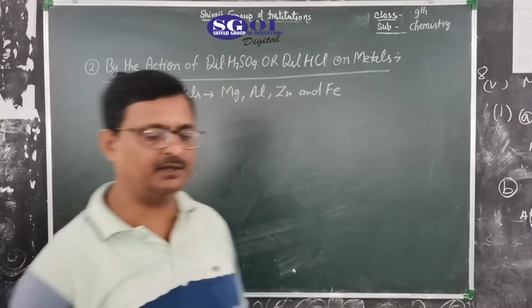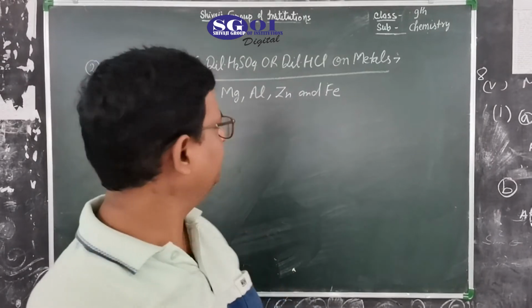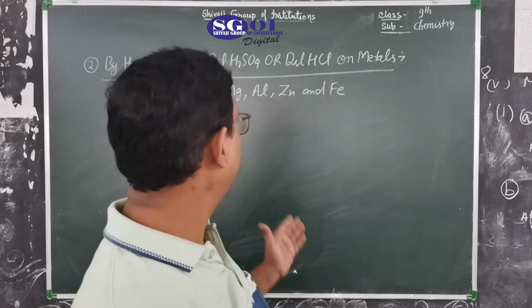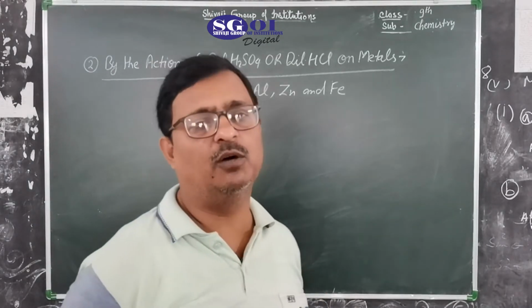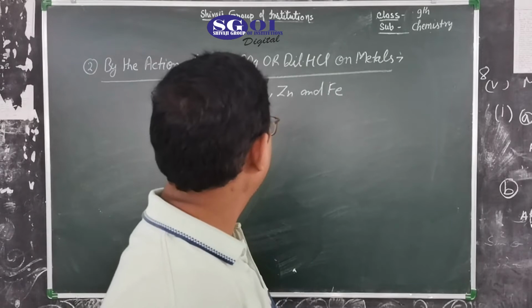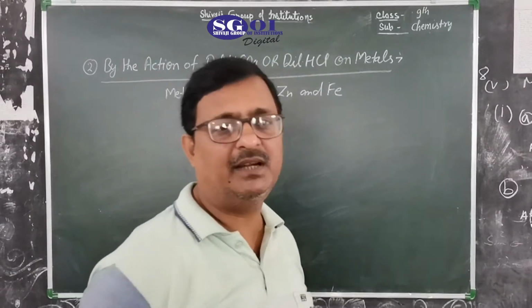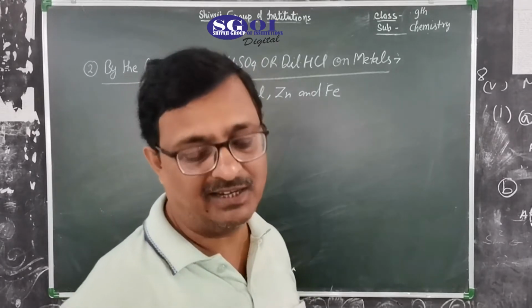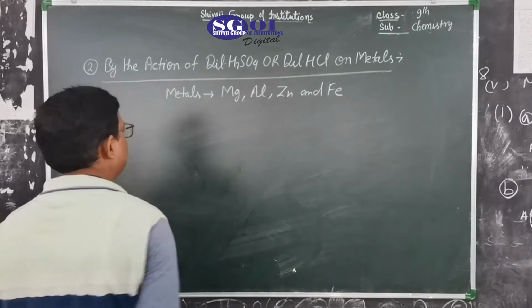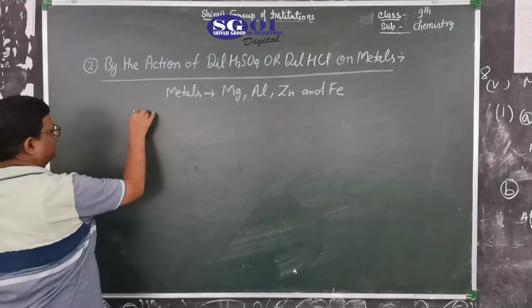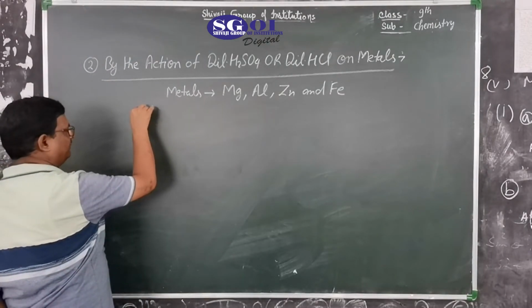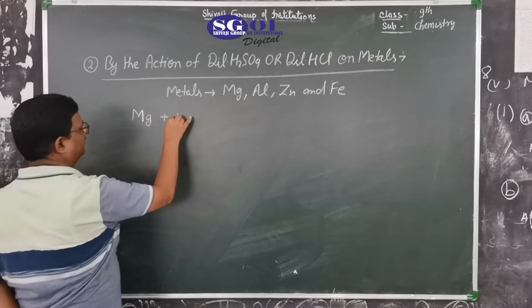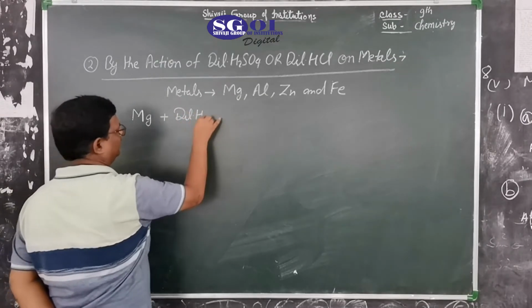These metals react with acids like dilute H2SO4 and dilute HCl to form the corresponding metal salt with the evolution of hydrogen gas. First we take magnesium metal. In the general way, magnesium reacts with dilute HCl.